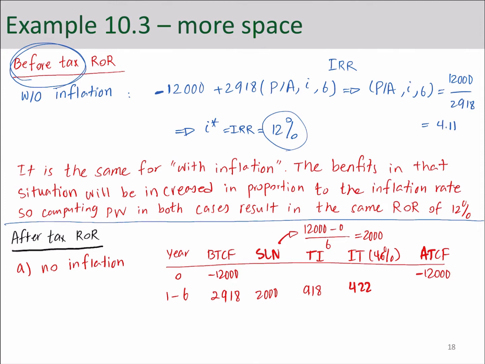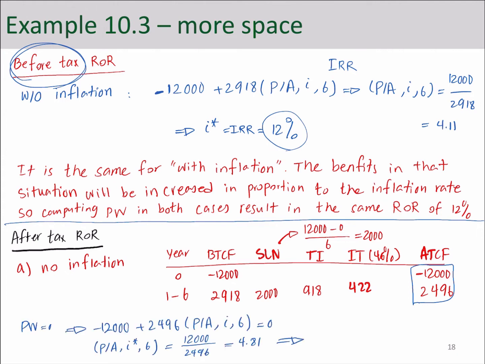Therefore, after-tax cash flow will be negative 12,000 for year 0, and for years 1 through 6 it will be before tax cash flow minus income tax, so you'll end up with $2,496. Now, if you calculate the ROR of this cash flow by setting the present worth equal to 0, you will have your P given A factor at 4.81, and if you look for this value in the P given A column of the factors table, you will see that your rate of return, or IRR, will be about 6.7%.